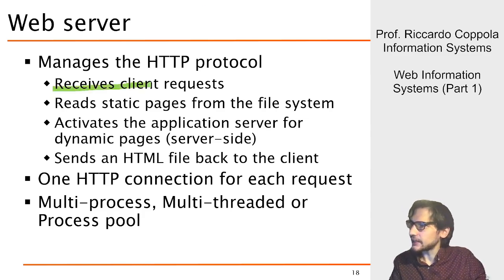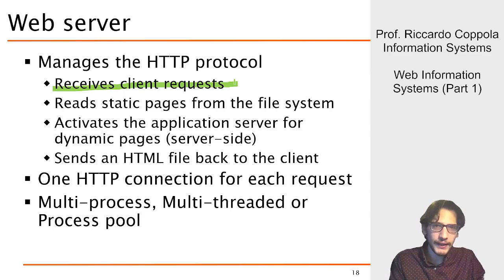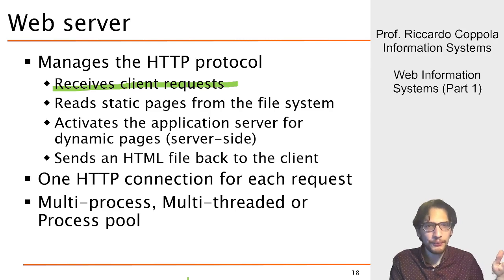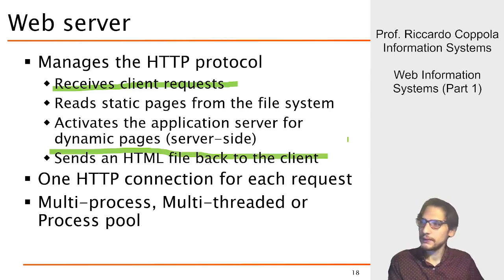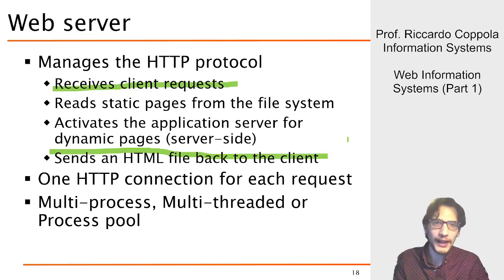It receives client requests in HTTP. It reads all the data that has been required by the client, possibly using an application server for getting more data or performing operations, and then it sends back files to the client.